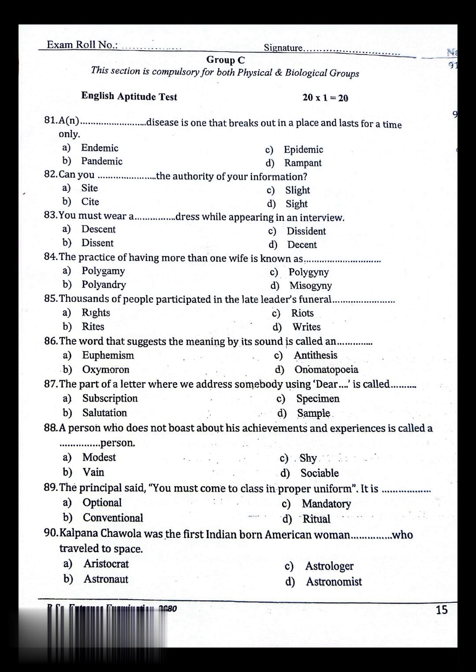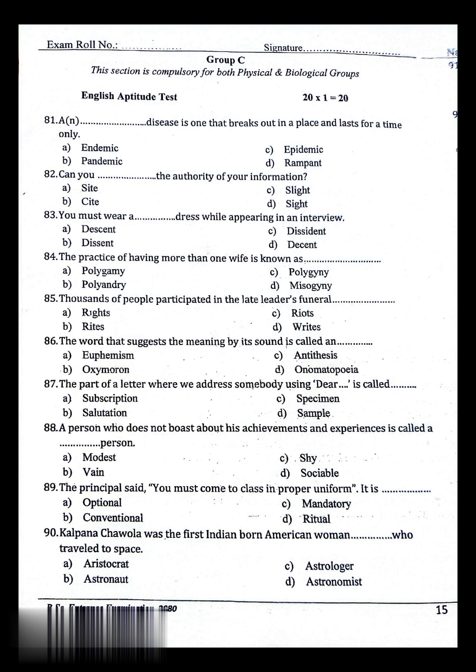86. The word that suggests the meaning by its sound is called an... Read the four options. 87. The part of a letter where we address somebody using dear is called: A, Subscription; B, Salutation; C, Specimen; D, Sample. 88.